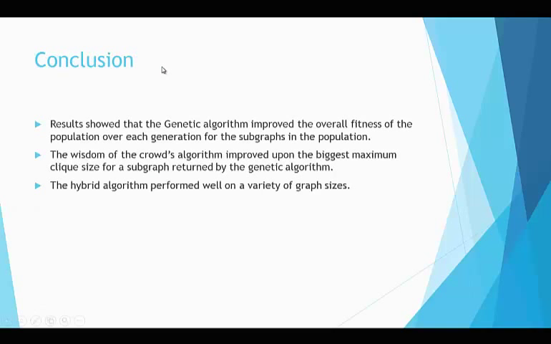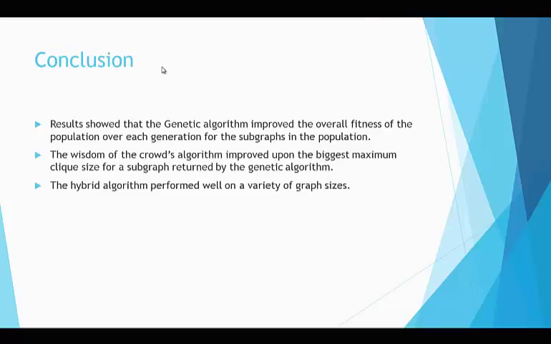So, in conclusion, the results showed that the genetic algorithm improved the overall fitness of the population over each generation for the subgraphs in the population. The collective average, the maximum, and the minimum all increased after every generation. The wisdom of the crowds algorithm improved upon the biggest maximum click size for a subgraph returned by the genetic algorithm, which is another thing that I wanted to show in my experiments.